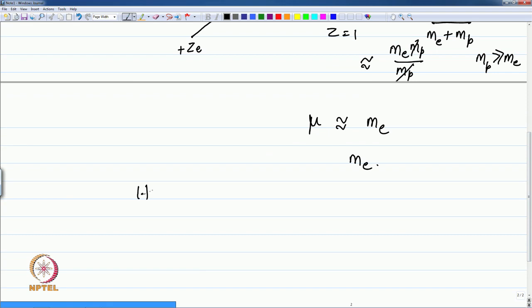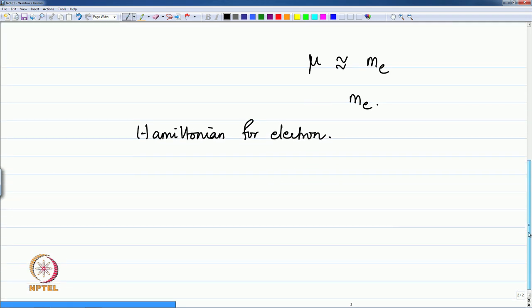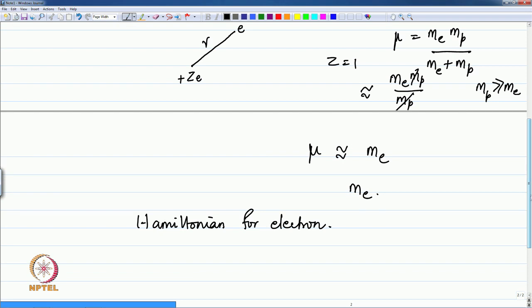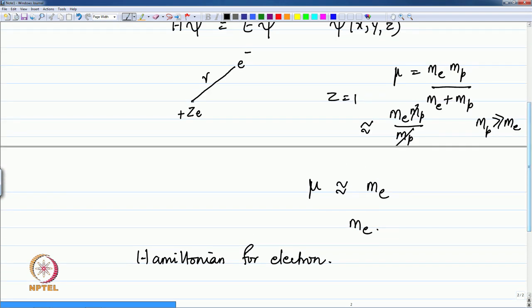Therefore, we need the Hamiltonian for the electron. So let us assume that the nucleus is stationary, and does not contribute to the overall kinetic energy of the atom. That is already there in the center of mass, which is not considered here.